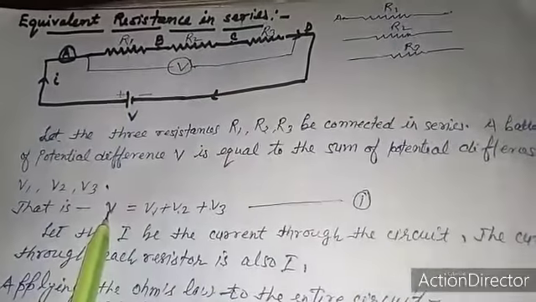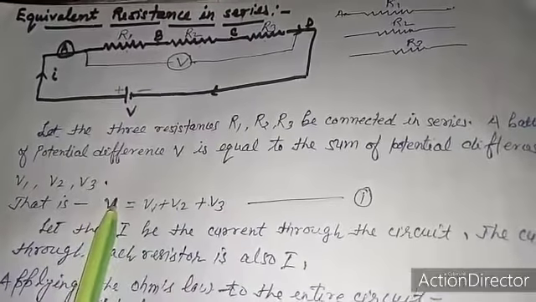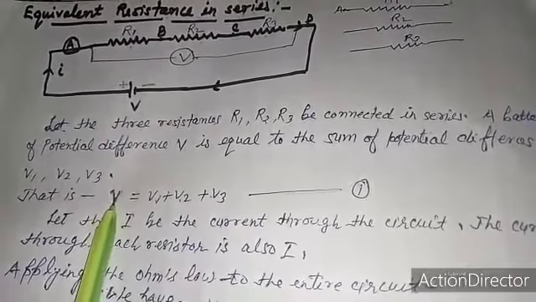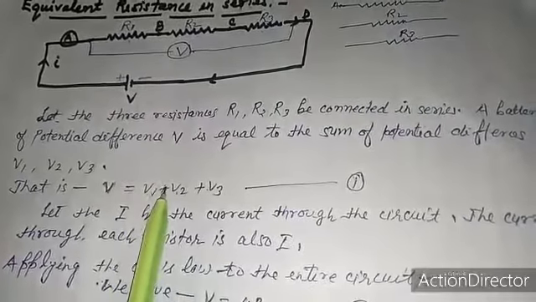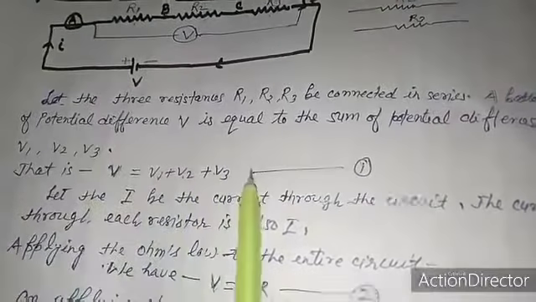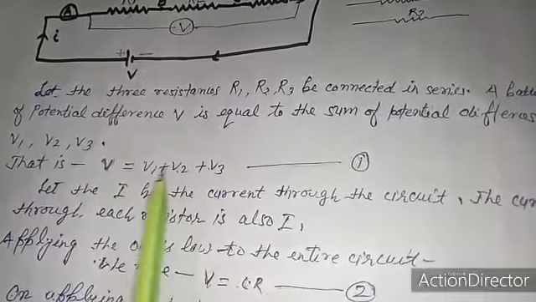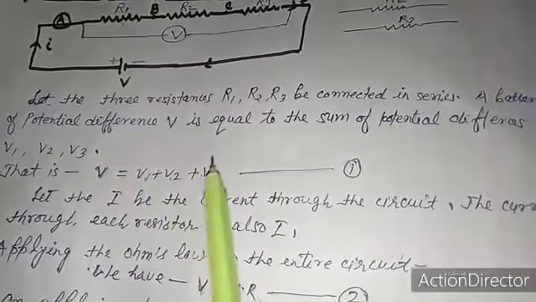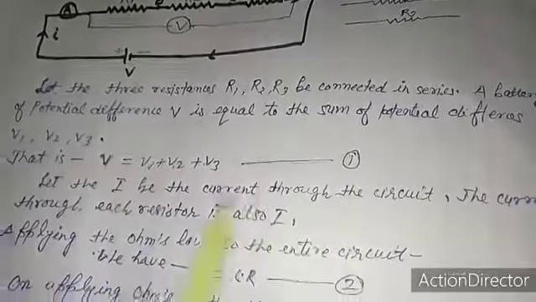Then total potential difference V is equal to V1 plus V2 plus V3. This is the total voltage of the circuit in series combination. Suppose that this is equation number 1.